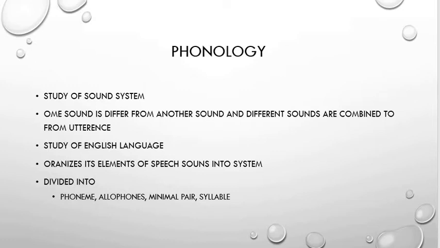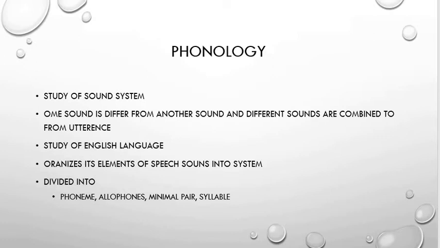So water is made up of phonemes plus syllables, and a sound is produced with the phoneme and syllable. We can say that phoneme and syllable equal word plus meaning, and these things are called semantics. So this is a little bit about phonology.